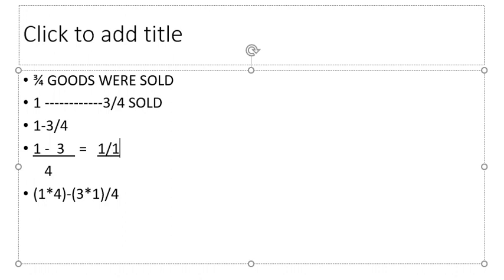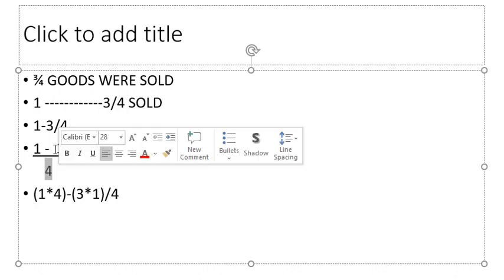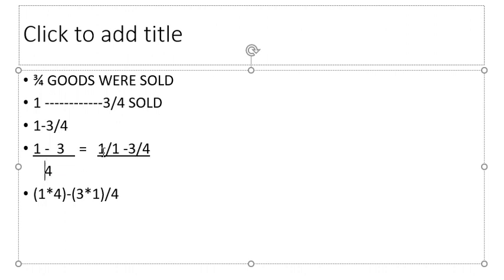This is what you're going to do. Now for this 1, you should get the denominator as 4. So it is 1 minus 3 by 4, isn't it? The denominator we assume to be 1. When you take the LCM, 4 is the LCM.